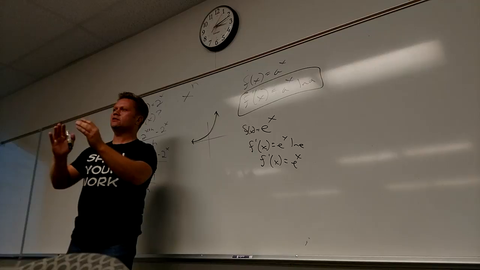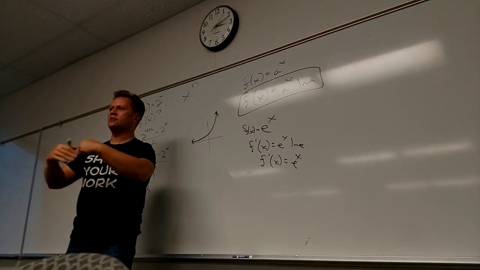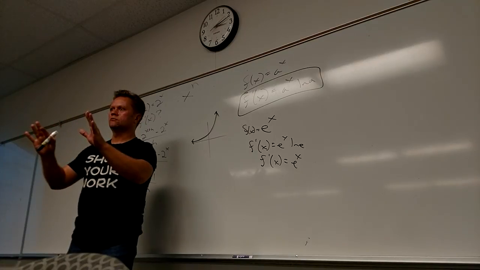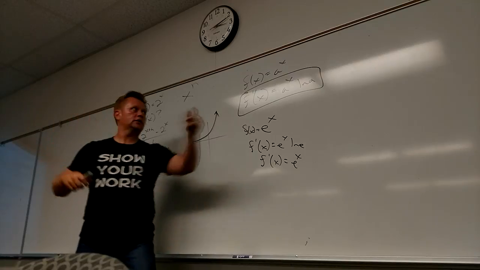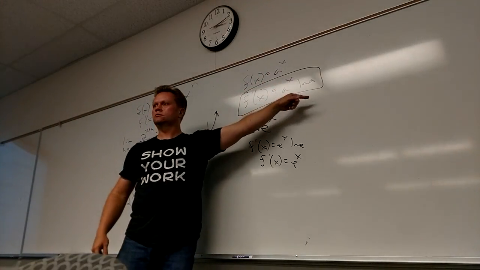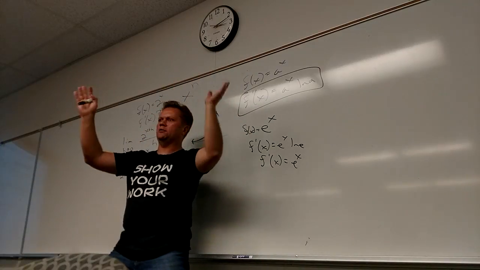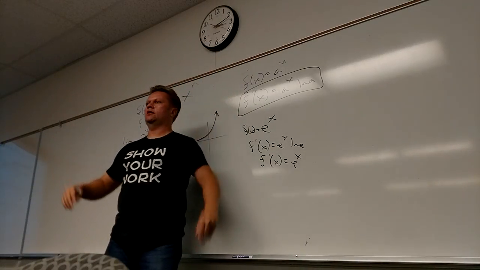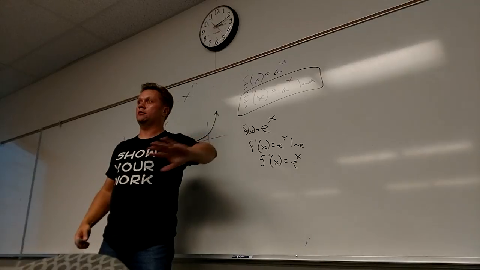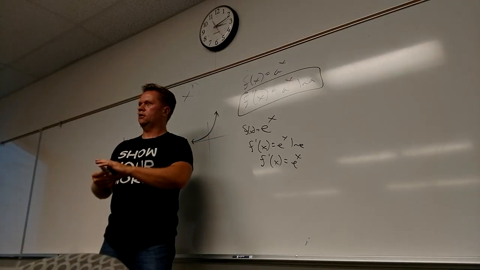If that inside function is linear with a slope of 1, it doesn't change anything. So x plus 2 would still be x plus 2. But if it was like 3x minus 7 or x squared minus natural log, then that's got a lot of other stuff to worry about.